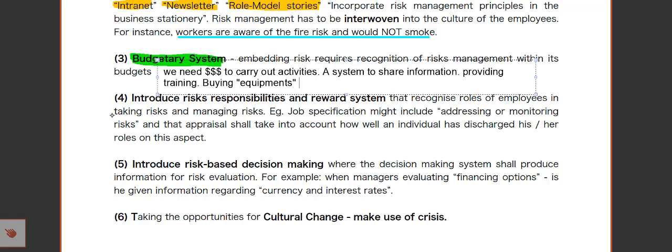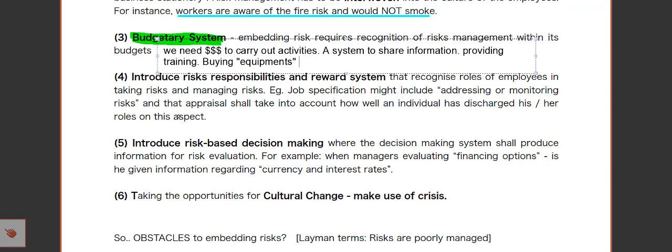Okay, then to embed risk, to get people to be more aware of risk, they must have responsibility. They must recognize that it's part of their job to take into account of risk. That's why we are talking about how in your job specification you must include responsibility to address and monitor risk.